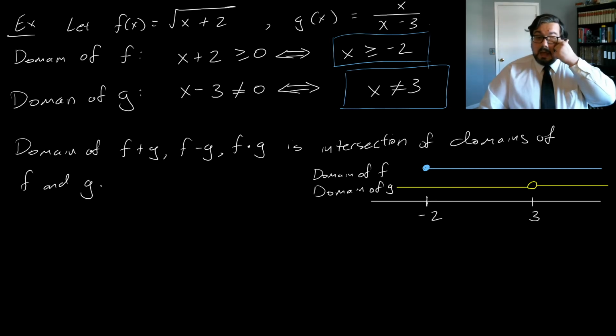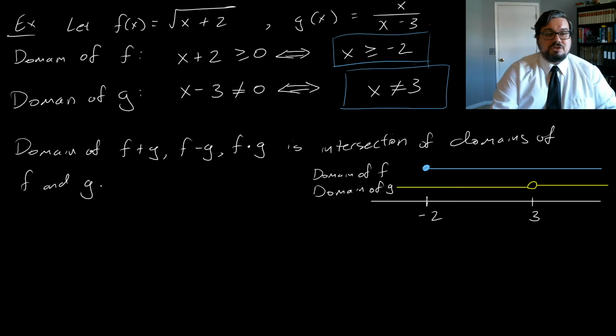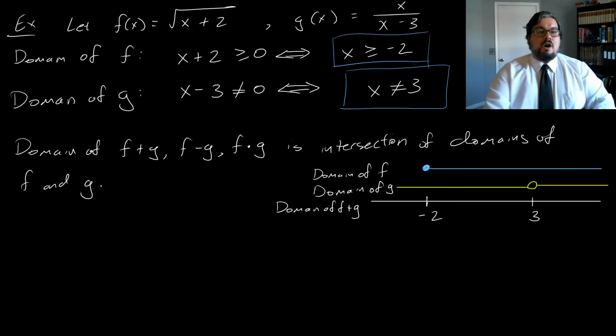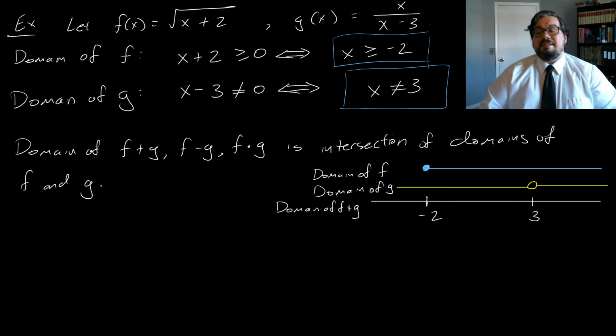Now, the domain of f plus g, f minus g, and f times g will be the set of all points that lie in the overlap between them, all the points that satisfy both of these conditions at the same time, that are greater than or equal to -2 and not equal to 3.